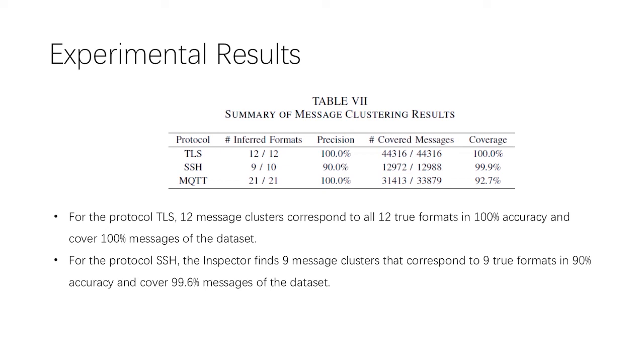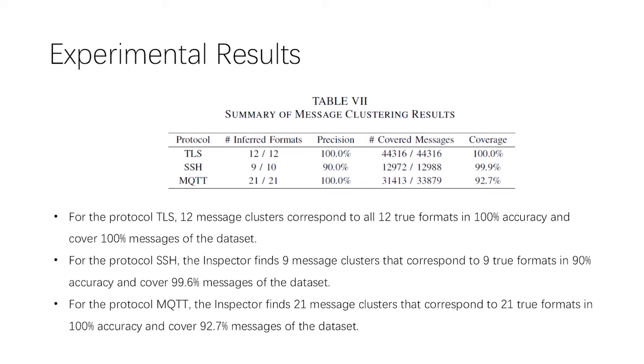For the protocol SSH, the inspector finds 9 message clusters that correspond to 9 true formats in 89% accuracy and cover 99.6% messages of the dataset.